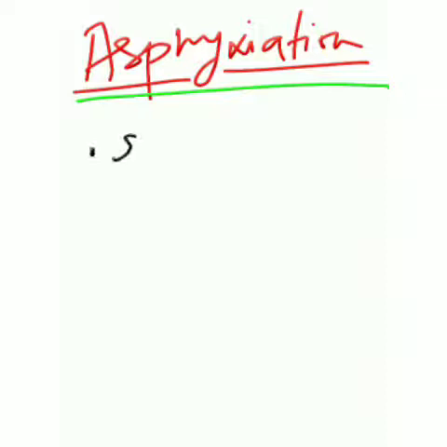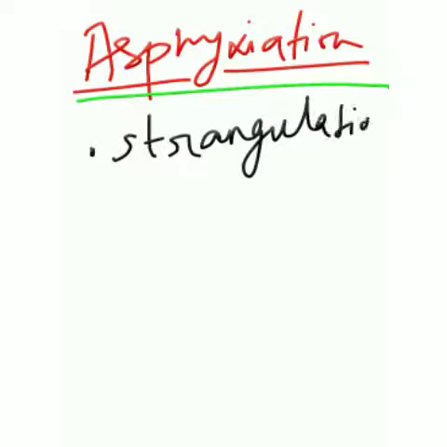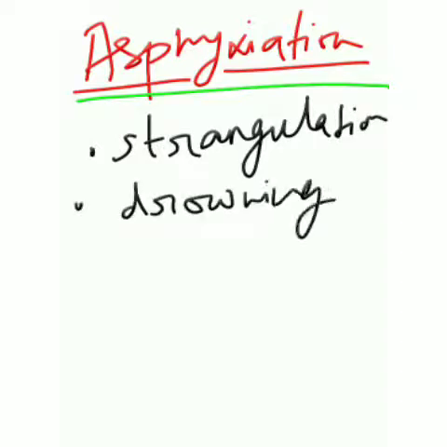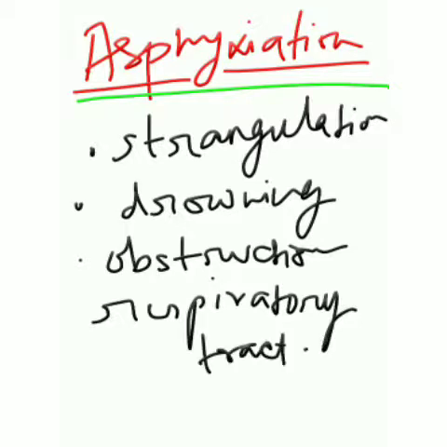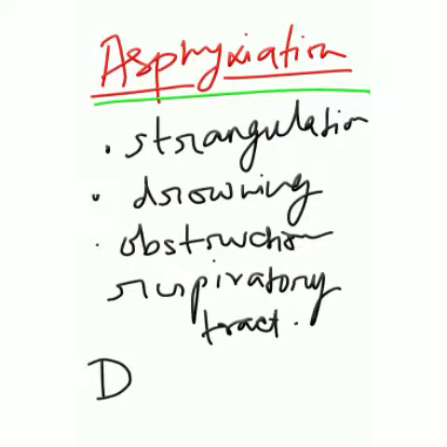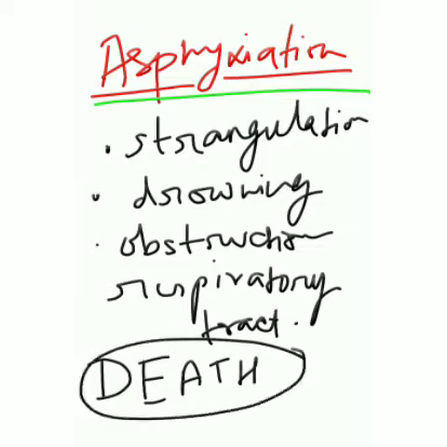So it can be due to strangulation, drowning, or any kind of obstruction in the respiratory tract. So it may even cause death if it is not removed quickly. Even artificial respiration is helpful in certain cases.